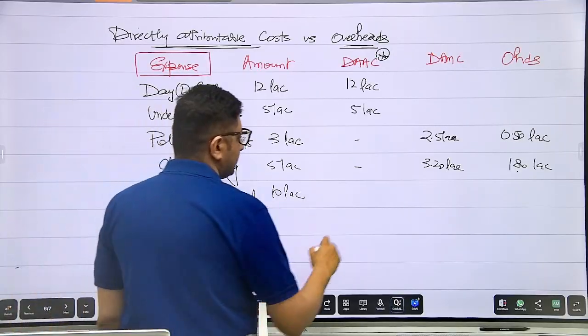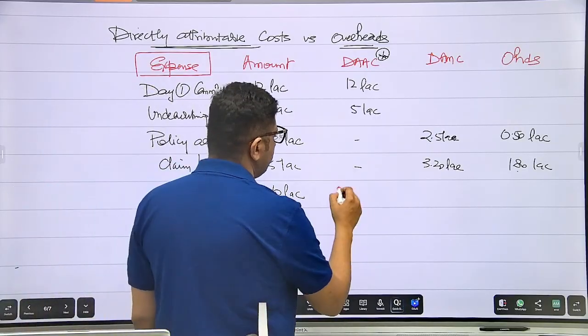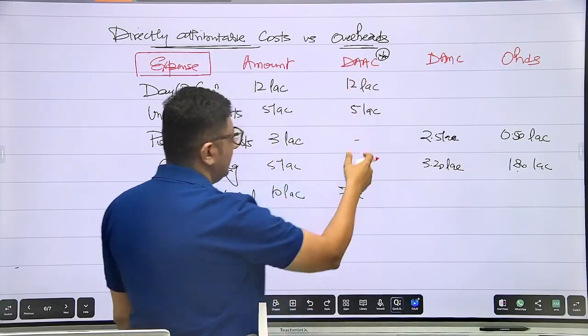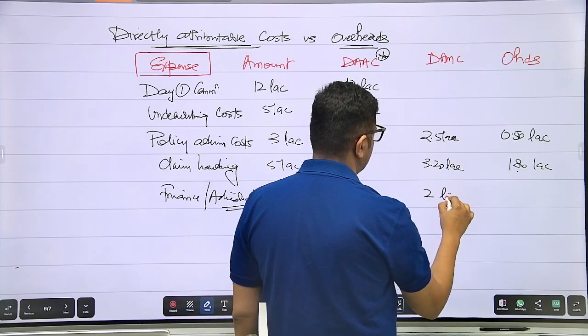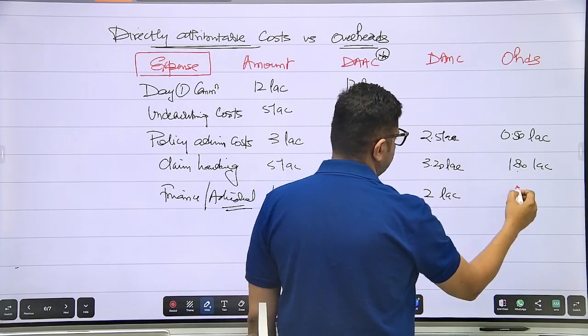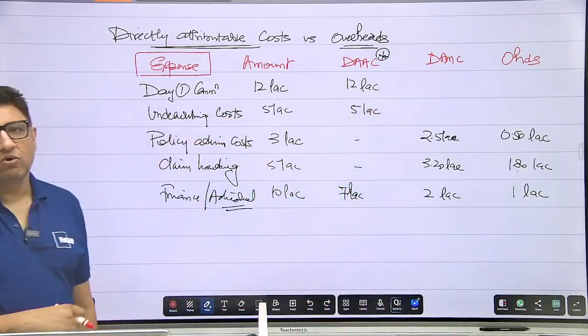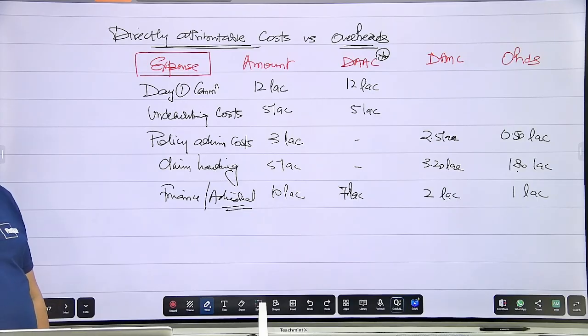So let's say the larger chunk of this, and maybe even the finance team, because they look at the pricing together. So maybe out of this, around 7 lakh comes as a part of your directly attributable acquisition costs. Maybe another 2 lakhs for the DAMC, directly attributable maintenance cost, and the remaining 1 lakh sits in the overheads. So that's how you're able to build this perspective around it.